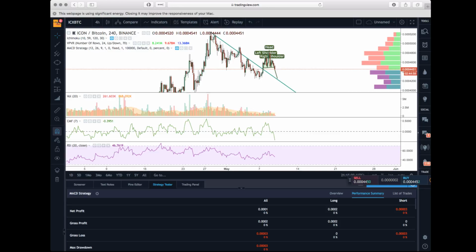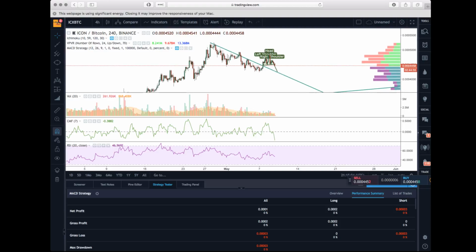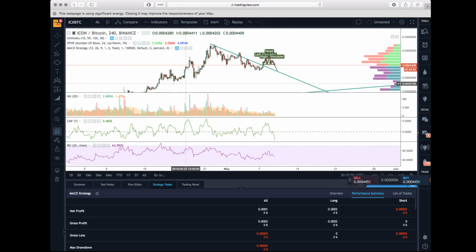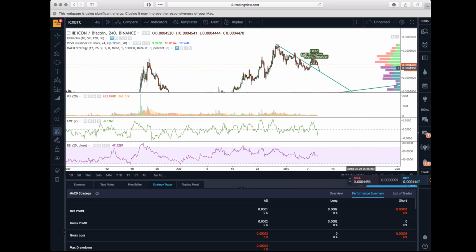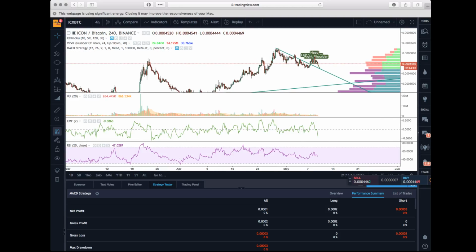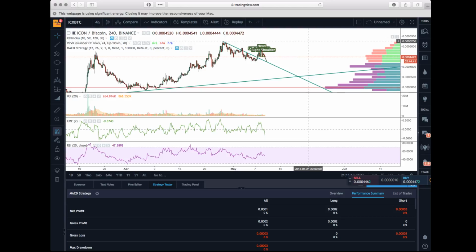My mouse freaked out there for a second. So when I include more price action, this will automatically adjust to include the data from that price action. So looking at a longer time frame always gives you better data on the VPVR.